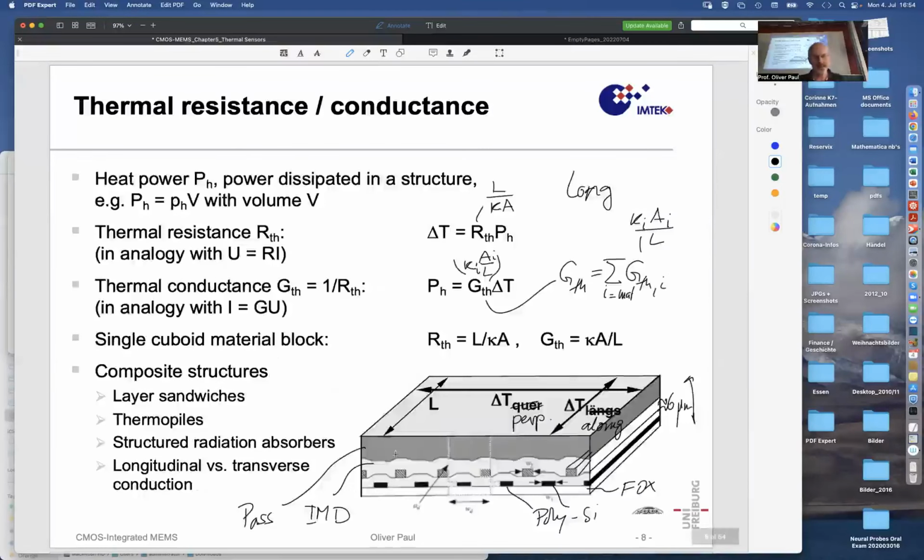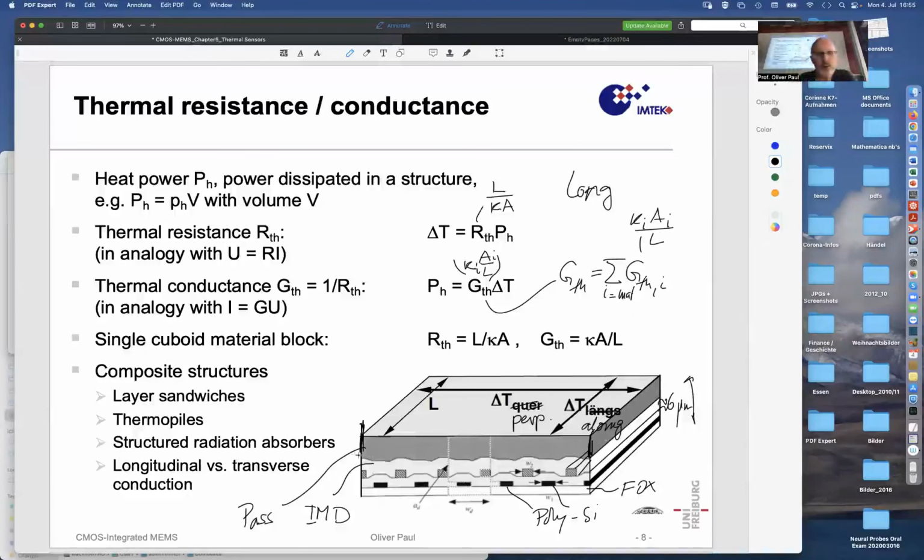Now, of course, in such a complicated structure, to calculate the thermal resistance from this side to this side, I would probably recommend to my PhD student to do a finite element simulation. It has a granularity in the longitudinal direction that is as strong as in the vertical direction.